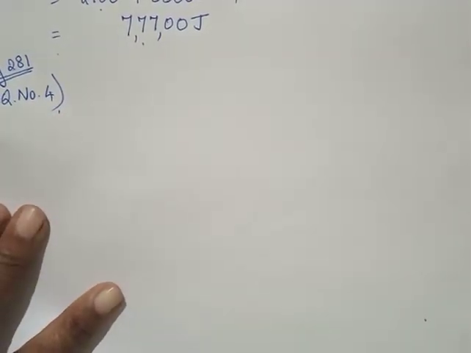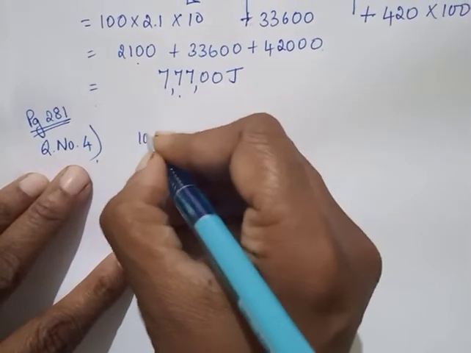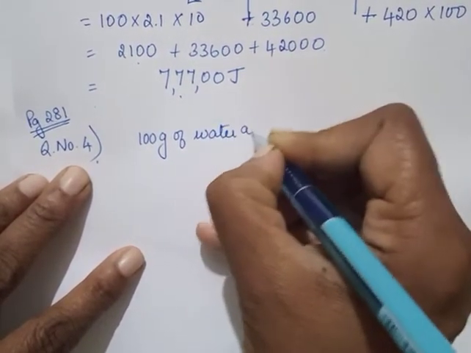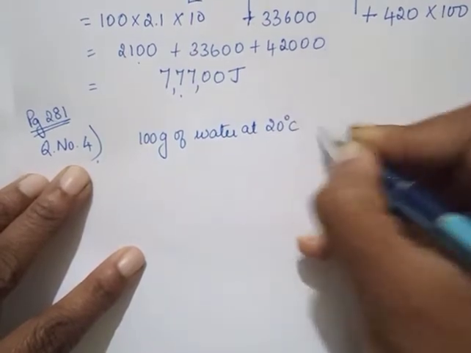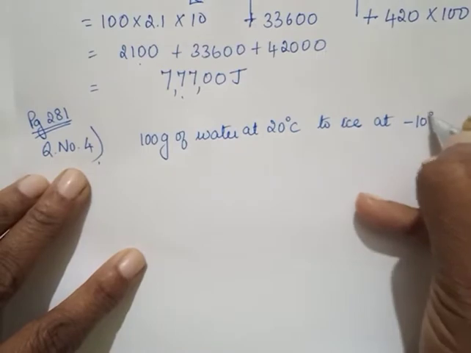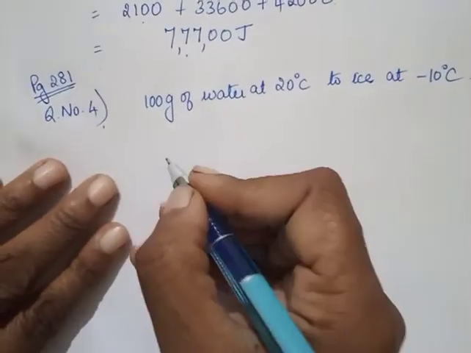A refrigerator converts 100 gram of water at 20 degrees Celsius to ice at -10 degrees Celsius. Now what are the steps involved, children?